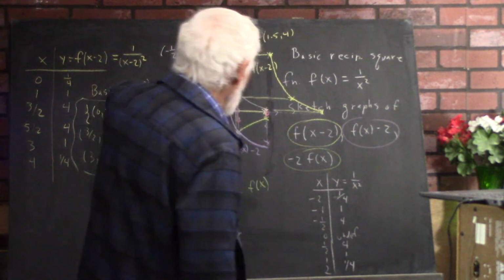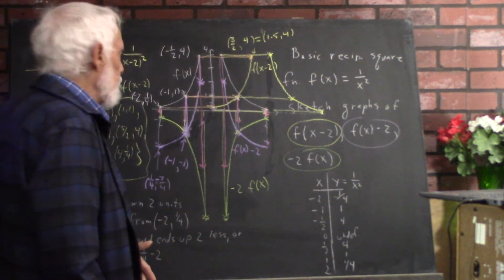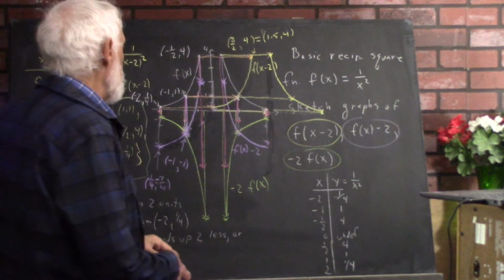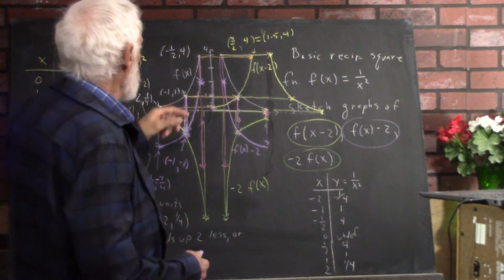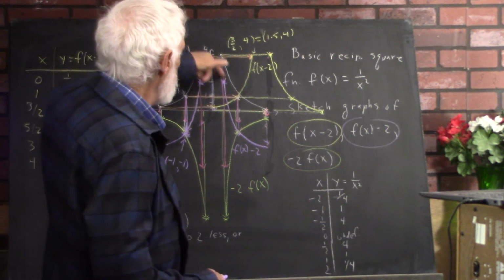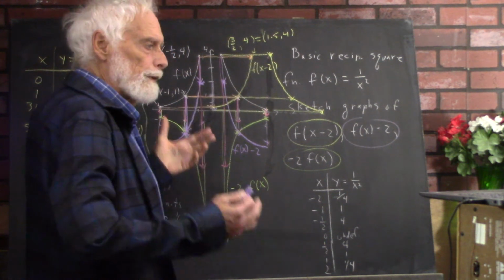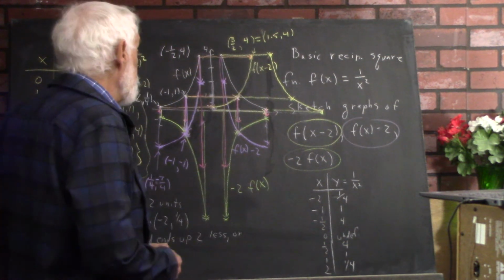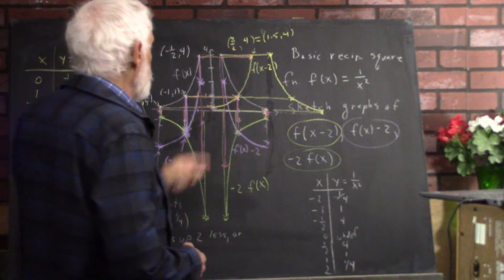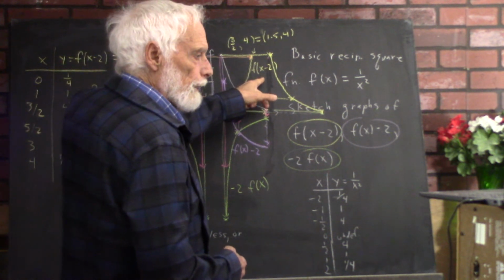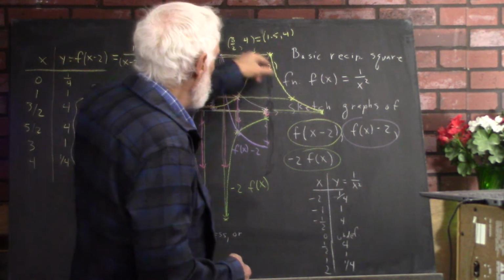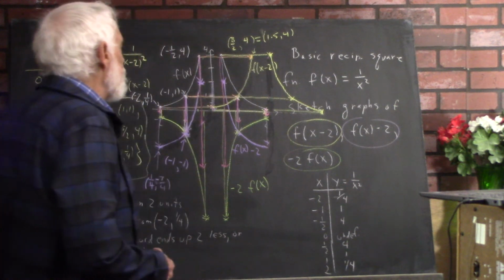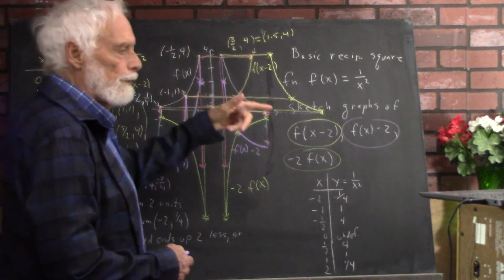And later on we sketch the curves in. So you can see the curves, so we kind of give that away when we're doing this. Here's the curve for the basic extended reciprocal square function. And here is the basic extended reciprocal square function curve shifted 2 units to the right.